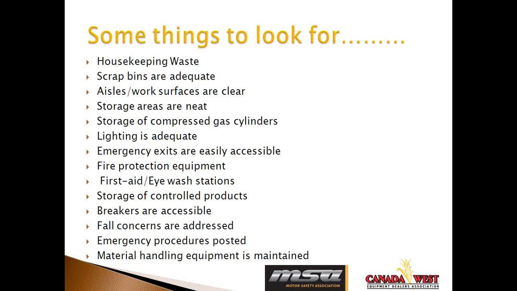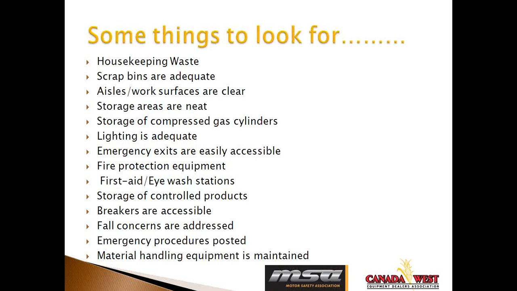As we go on to the next slide, some of the other items that we would see, we look at the housekeeping. That's a huge one. There's so many slips and trips and falls because there's so much clutter and garbage built up on the dealerships, and the garbage cans are overflowing and garbage cans aren't getting emptied. So that's something that is always an ongoing concern.